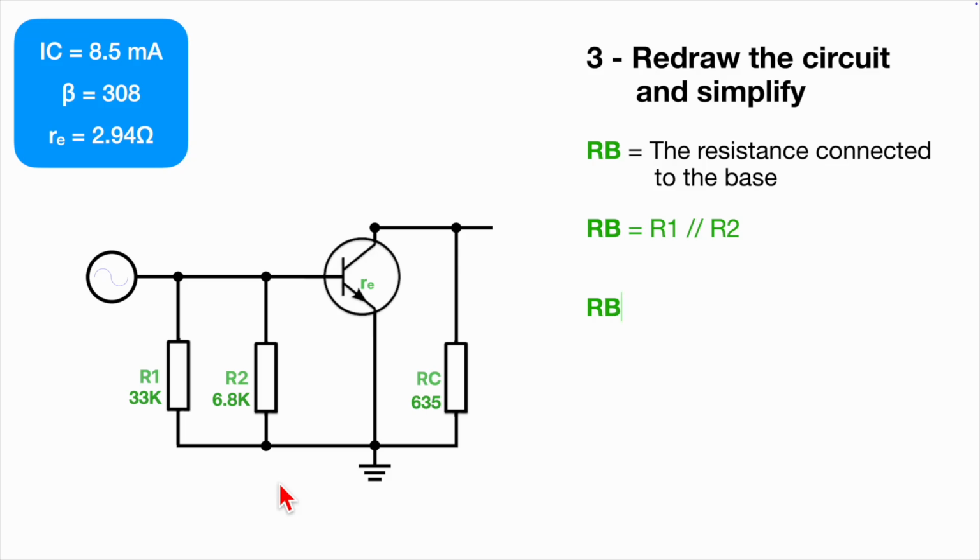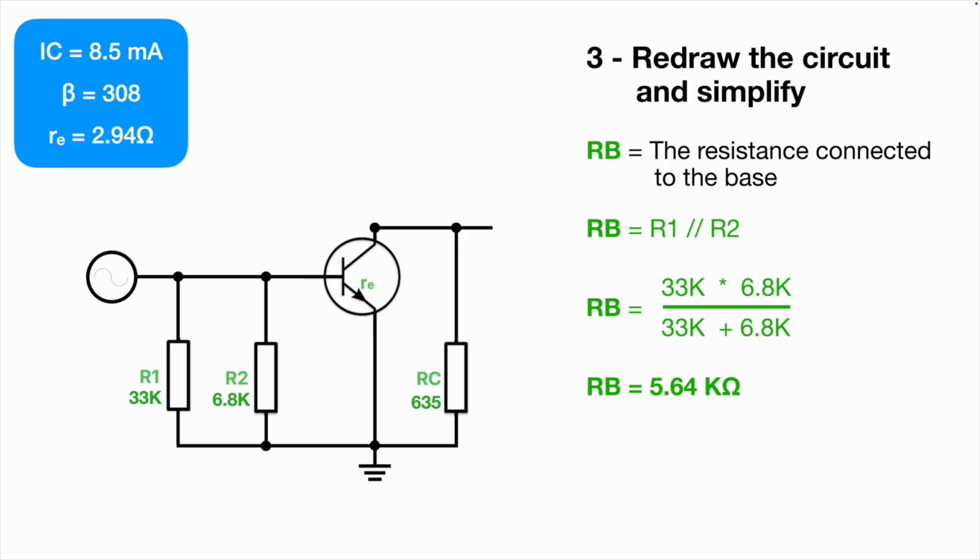So to calculate that, when you've only got two resistances, it's simply the product of those resistances divided by the sum of them. So 33k times 6.8k divided by 33k plus 6.8k. You're going to be doing this sum quite a lot.